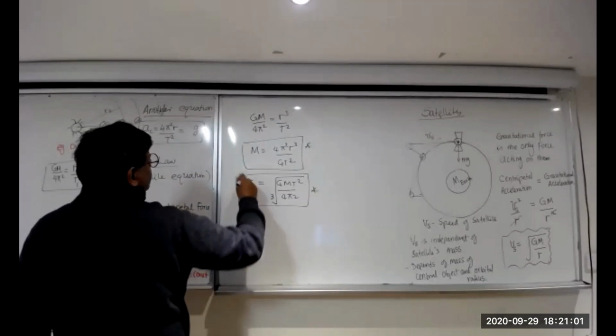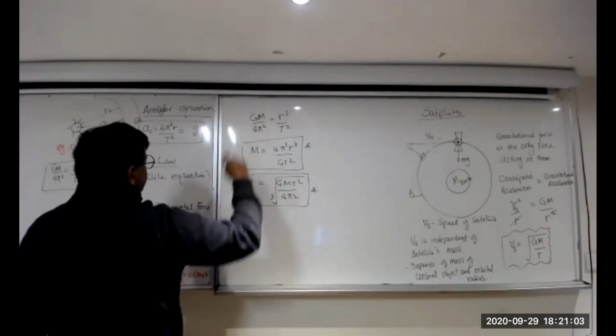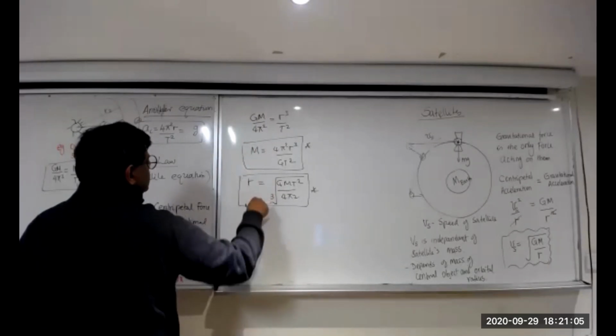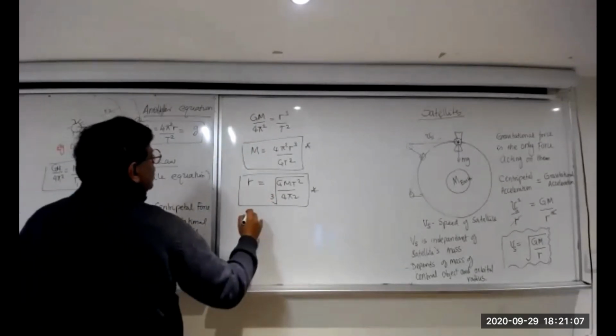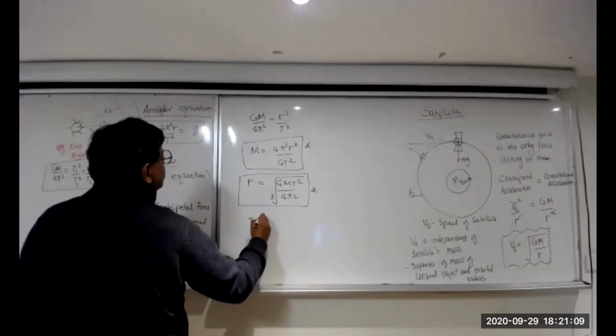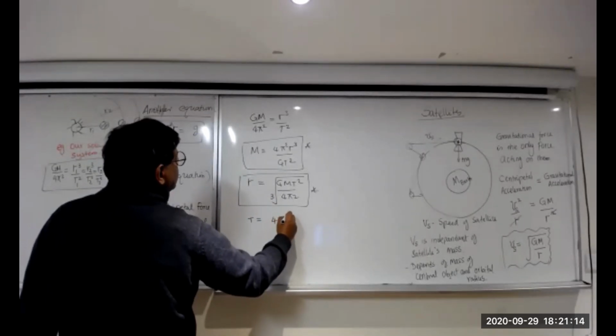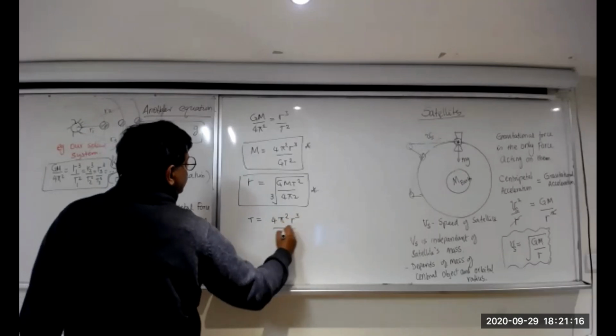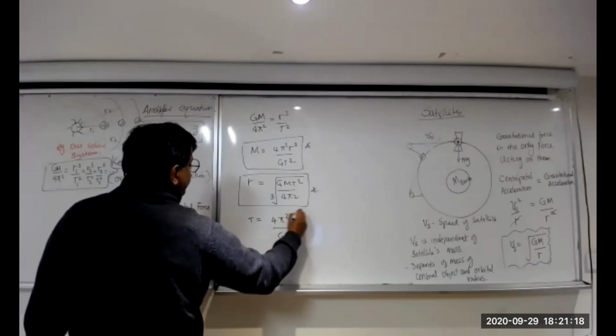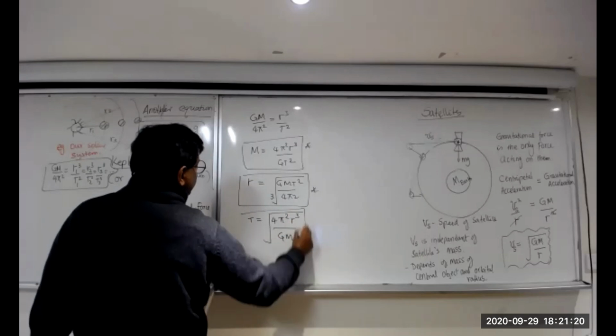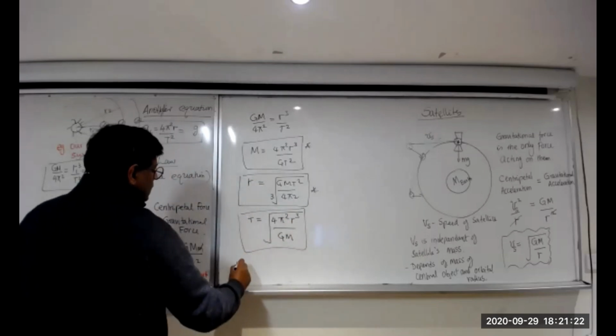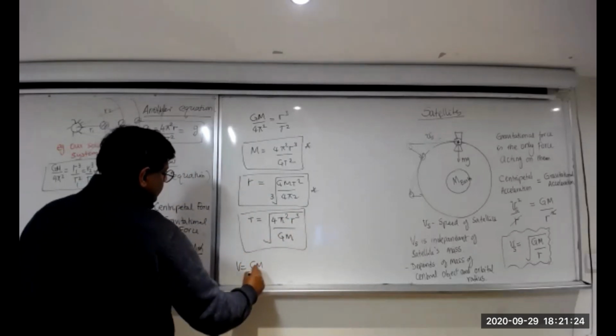So if you are a bit not happy, you can write that equation if you want, but they want this equation rearranged formula. And then you can write another expression for T, a cube root, 4 pi squared r cubed on GM. So these three equations you can put in, plus GM on r.